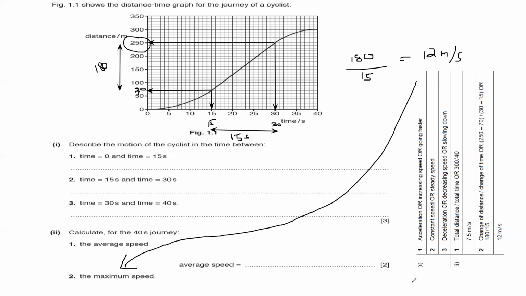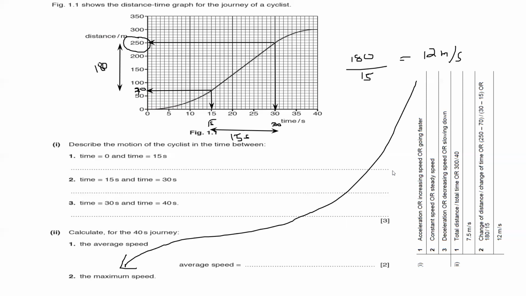Is it clear, this part, how we worked out the maximum speed? First we work out the region where it will have the maximum speed, because the region where it is steeper or has a greater slope will have the maximum speed, and that region is from 15 second to 30 second. Sometimes they change the wording, but if they directly say calculate the speed from 15 to 30 seconds, you can simply work it out.